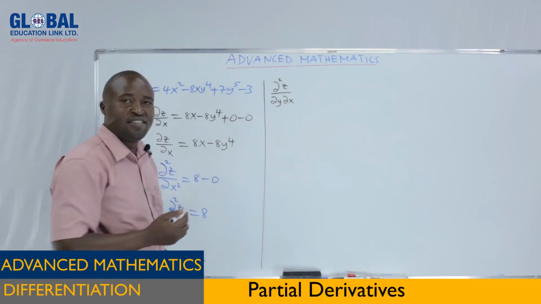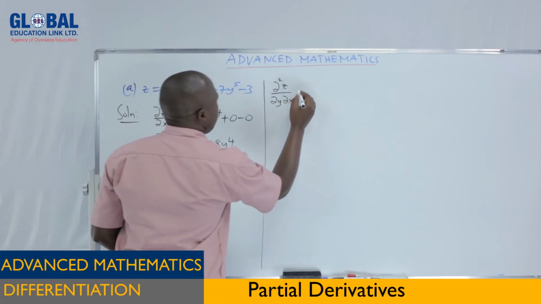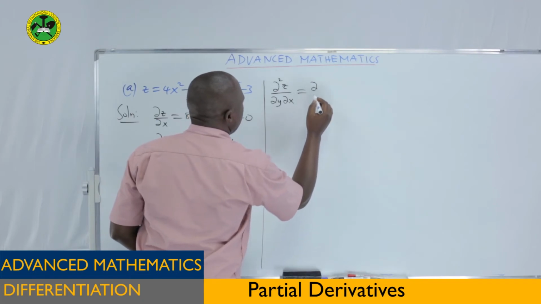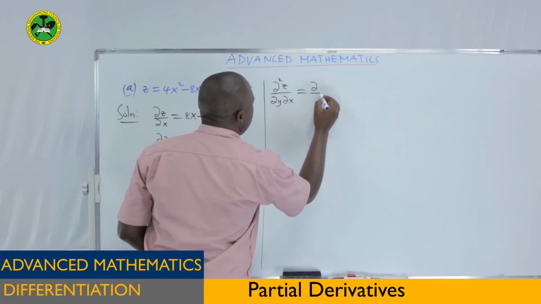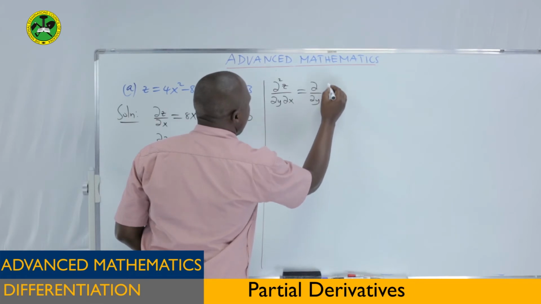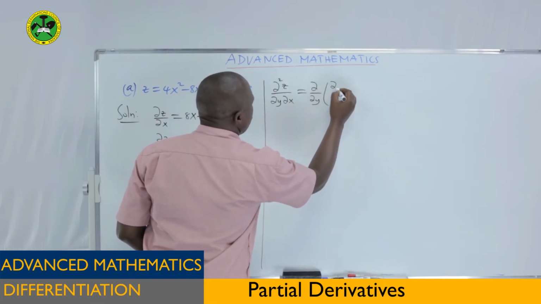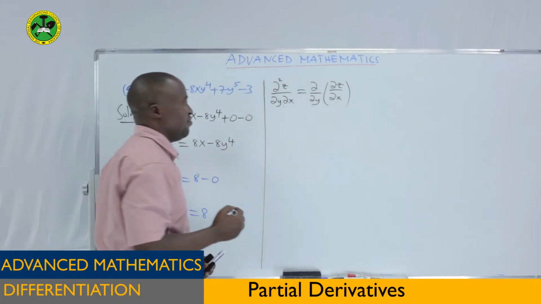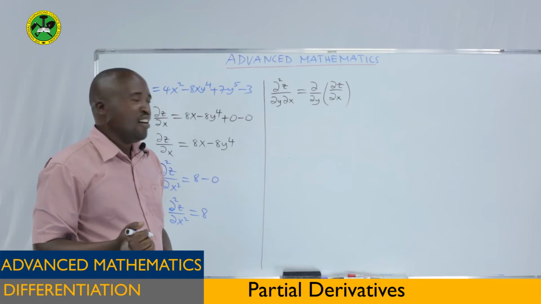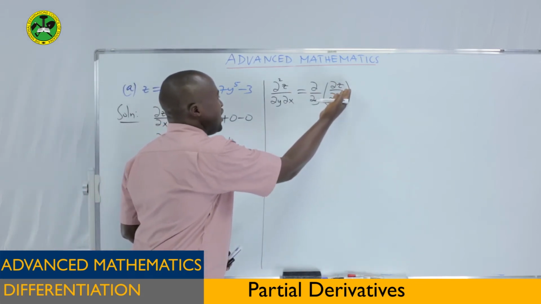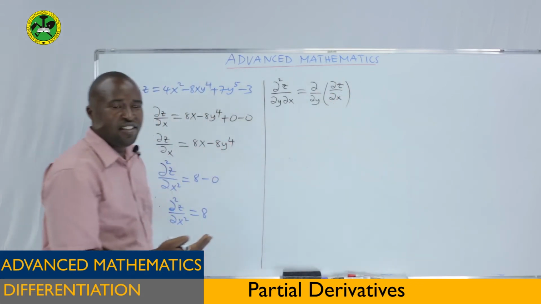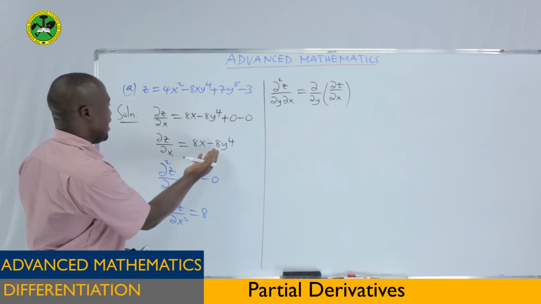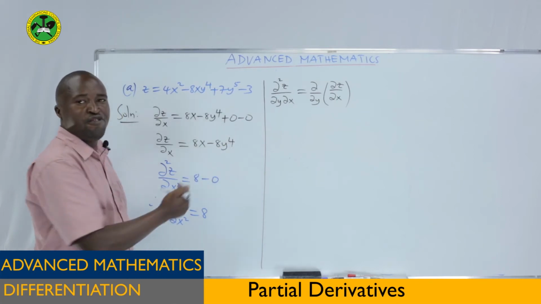But this one can be written as the partial derivative with respect to y of the partial derivative of z with respect to x. But the partial derivative of z with respect to x is the same as 8x minus 8y power 4.